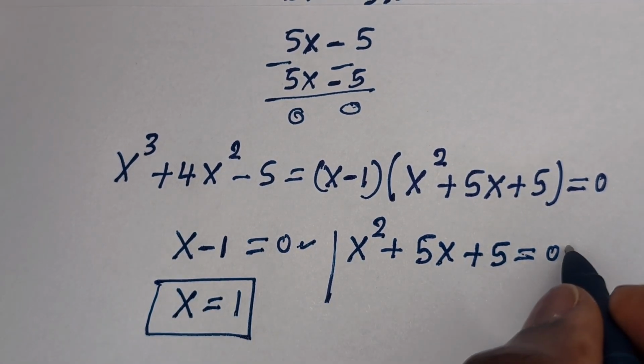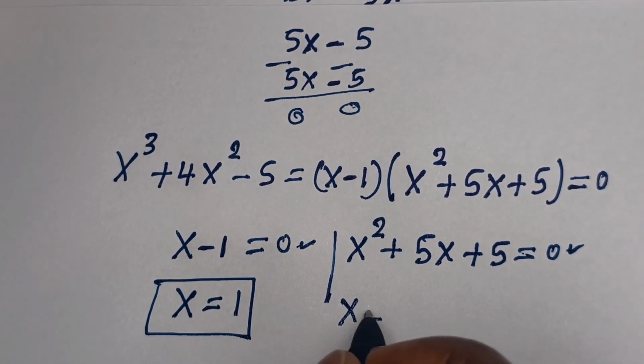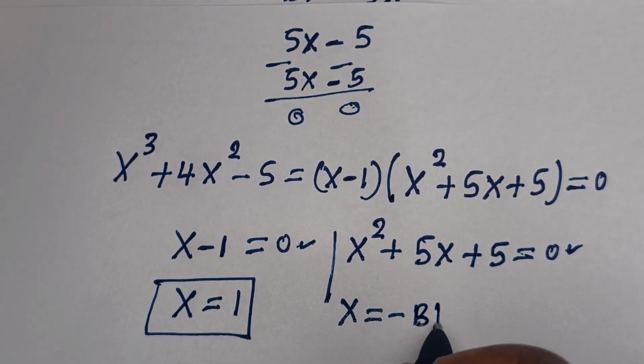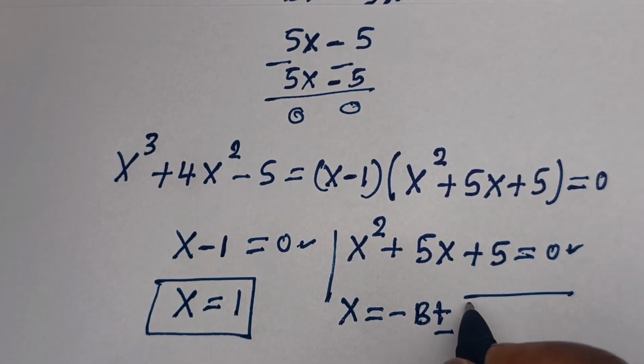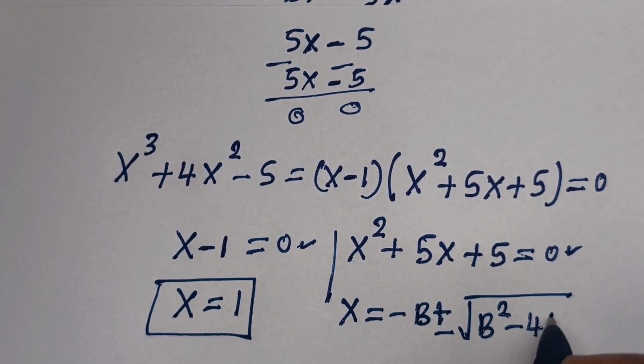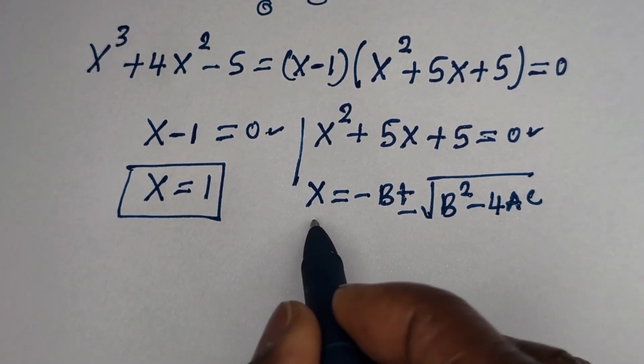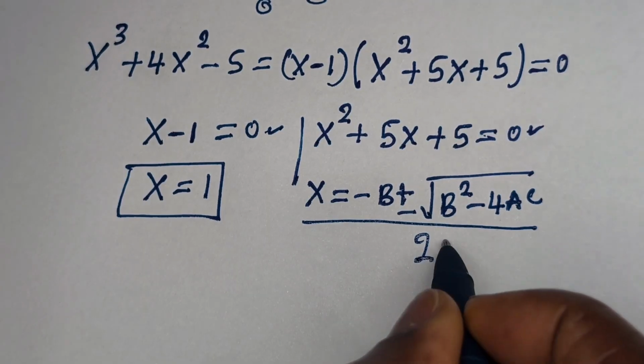And from here, this is a quadratic equation. Let us solve this using the quadratic general formula. s is equal to minus b plus or minus square root of b squared minus 4ac over 2a.